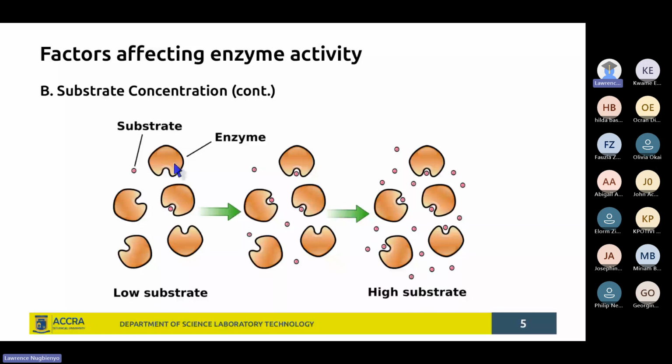Now, in the beginning, where you have a low substrate, you can see that you have the amount of enzymes present being more than the amount of substrate present. In this case, the enzymes will quickly act on the substrate, so that, as you can see, you still have more enzymes that are free in the reaction mixture.